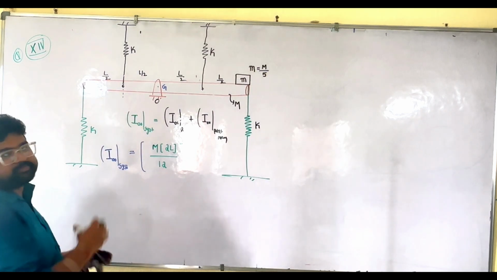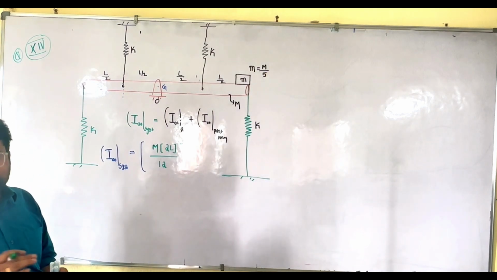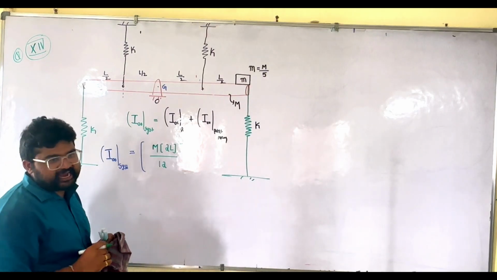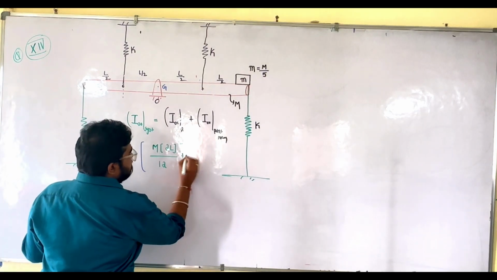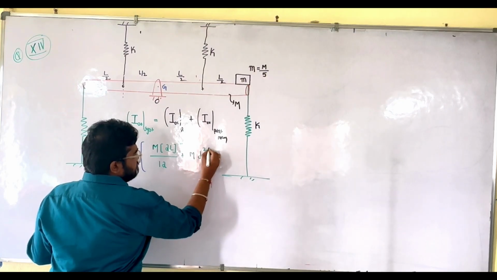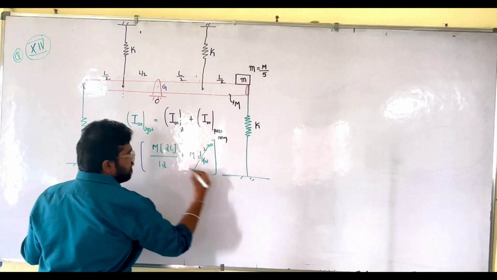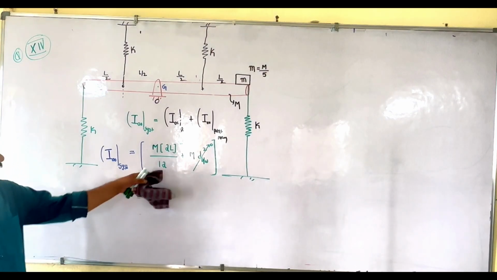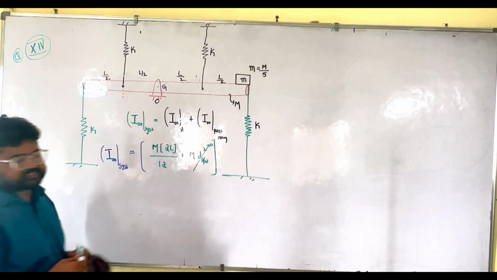What is the length of the rod here? 2l is the length of the rod. Here G and O both coincide, that is why mass into distance between square is 0. Igg is this.